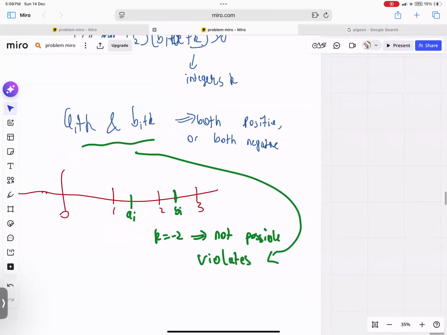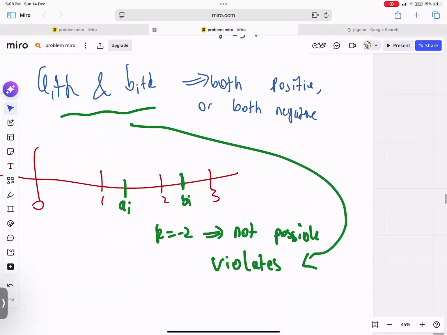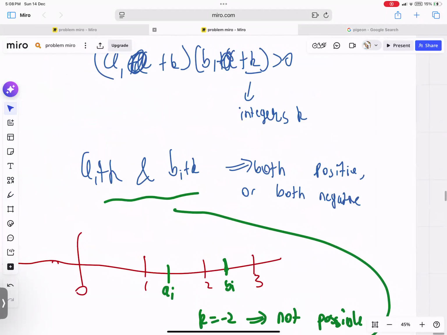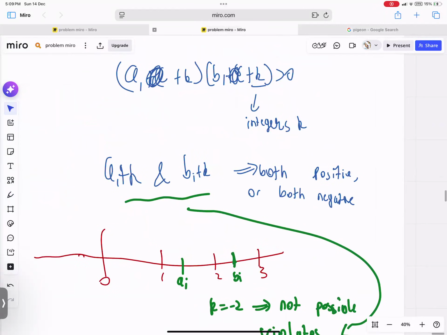So essentially, between any of these intervals BI and AI, if this is true, so in between B1 and A1, wait, why is my screen not working? So between this B1 and A1, there is no integer. Is that clear to everyone?